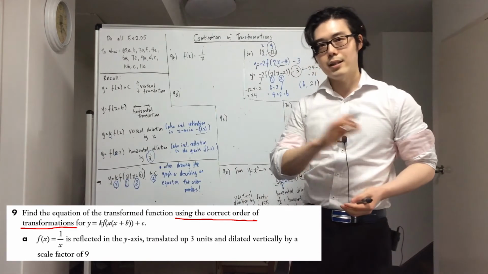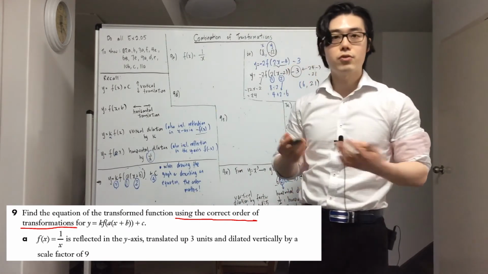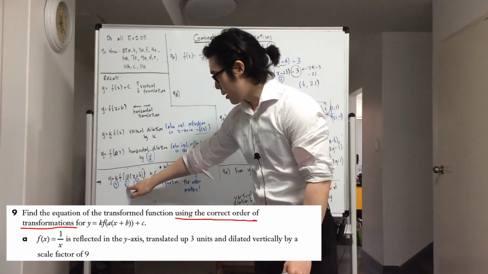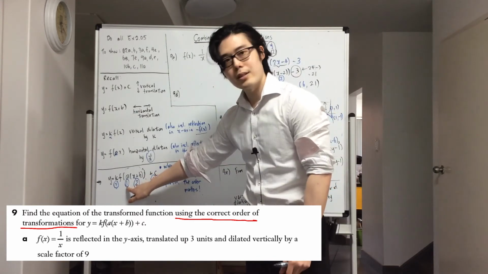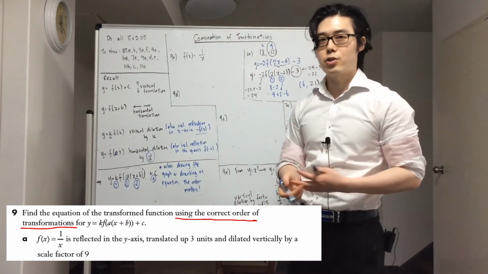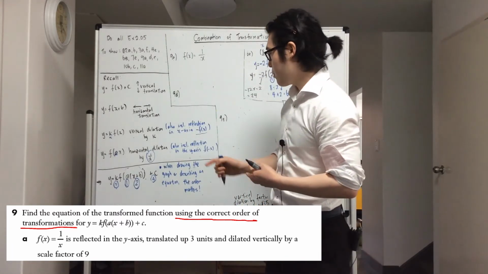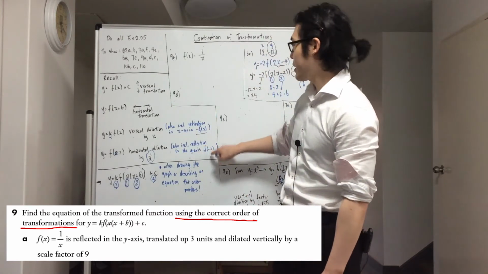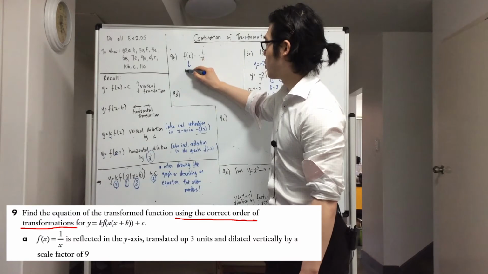What you need to realize in that sentence is which order comes first. If you look over here, the first step that we want to apply is anything that's horizontally dilated. So in the question, reflected in the y-axis is your first transformation you want to apply. So if it's reflected in the y-axis, that means you're substituting minus x. So that's the first step you want to do, which is in order.